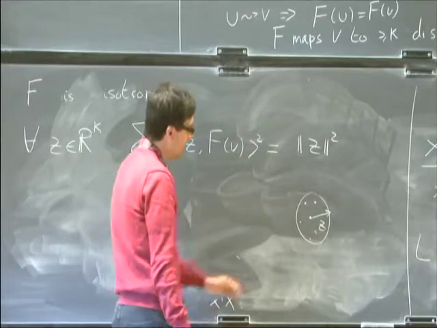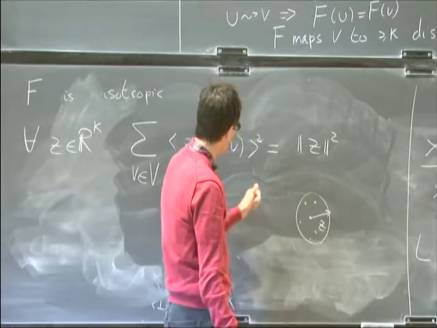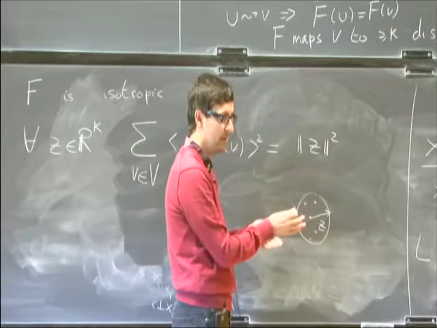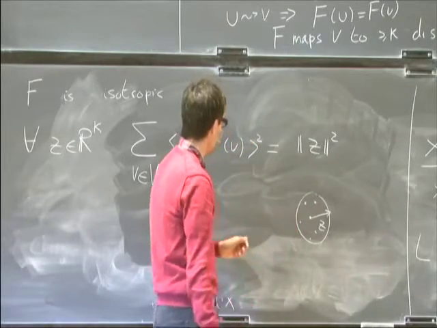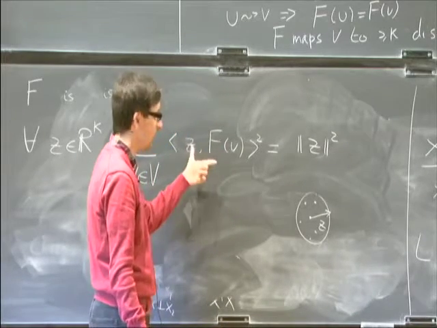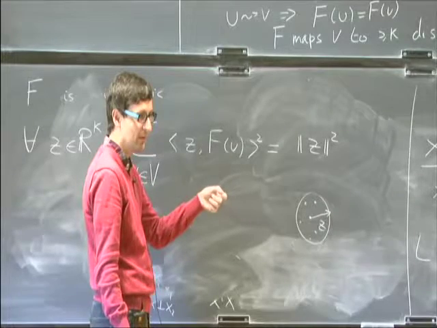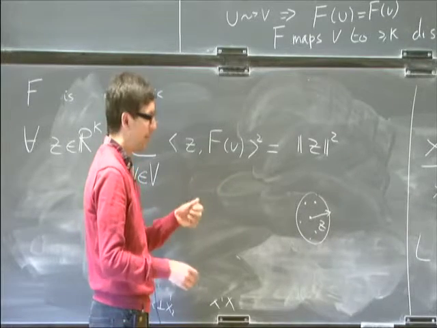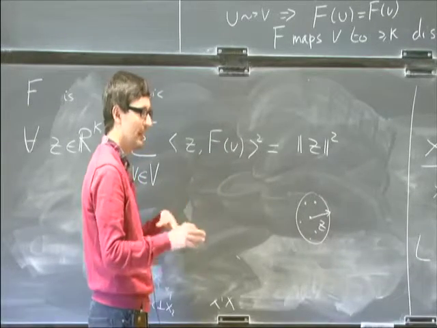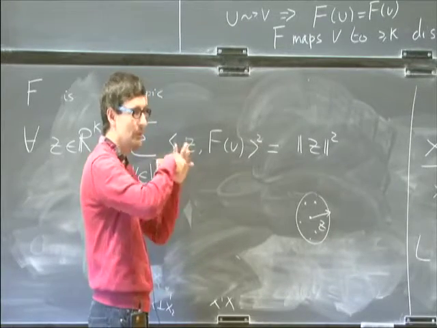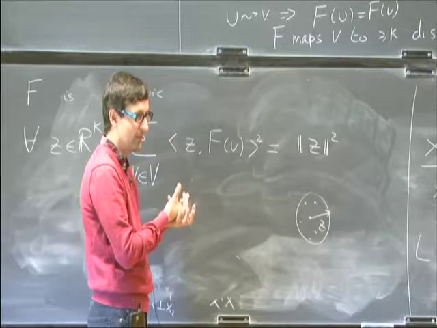This is saying that for every direction that we look at, if we project those points in that direction, and then look at the sum of the squares of those projections, that's the same no matter what direction we are looking at. So this is saying, although it's only a partially correct intuition, that those points are uniformly spread in R^k.